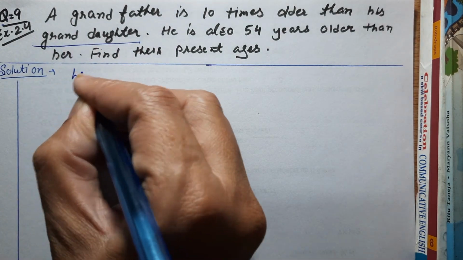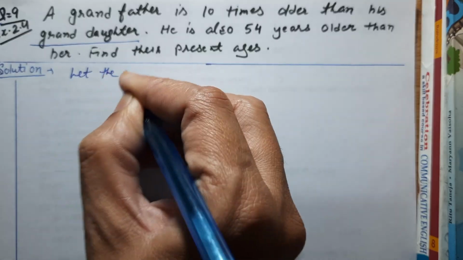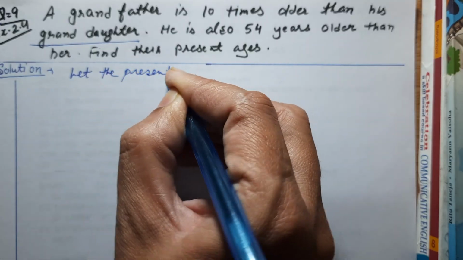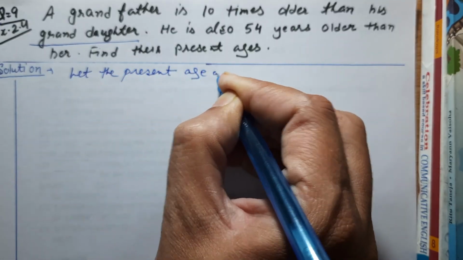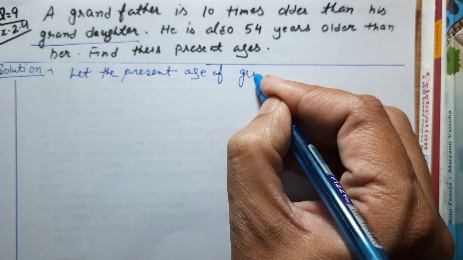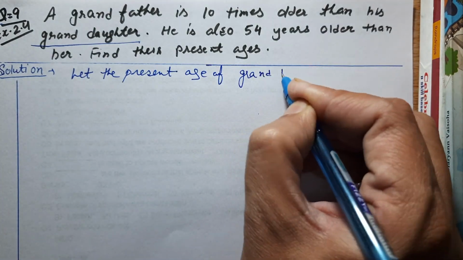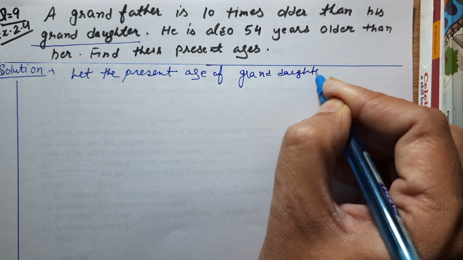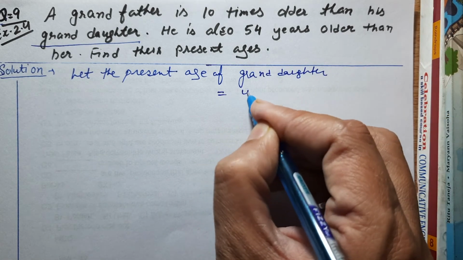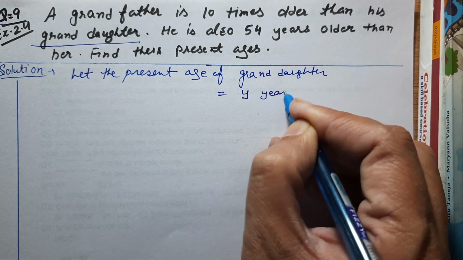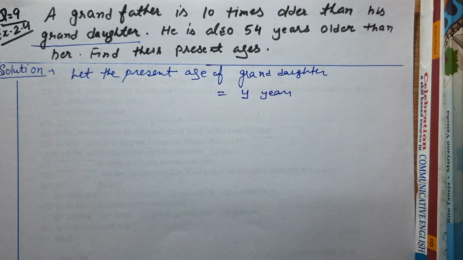Let the present age of the granddaughter be y years. Why have I supposed y years? Why take x? You can take any variable.